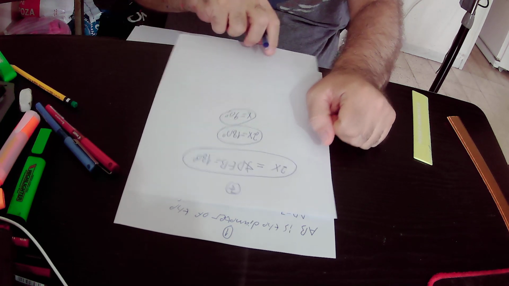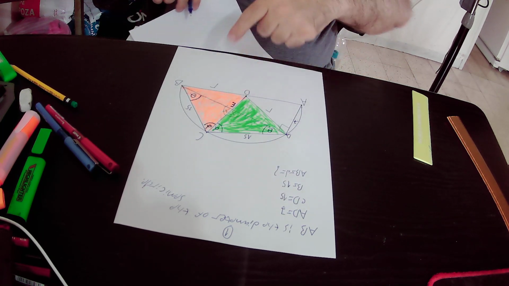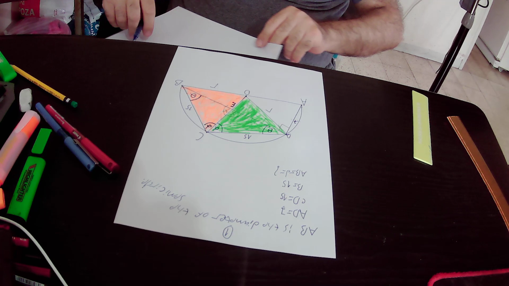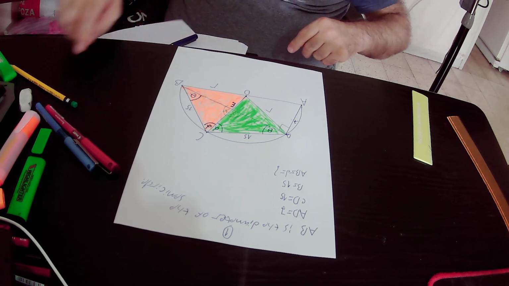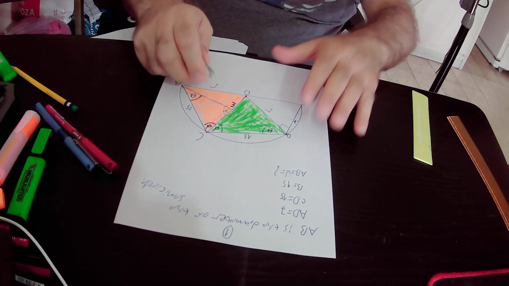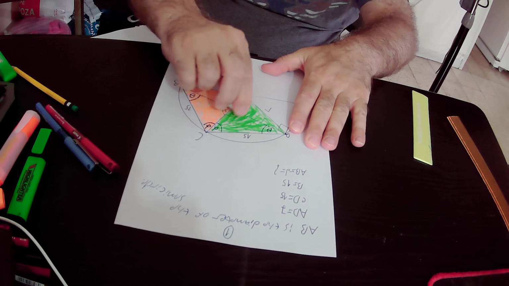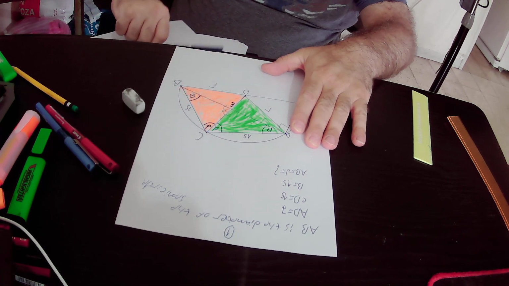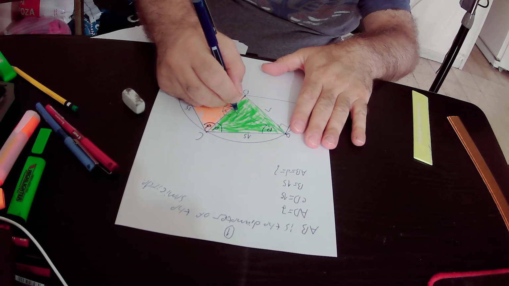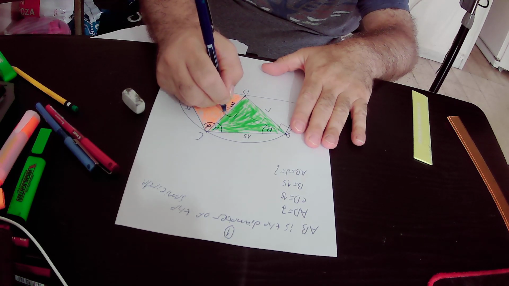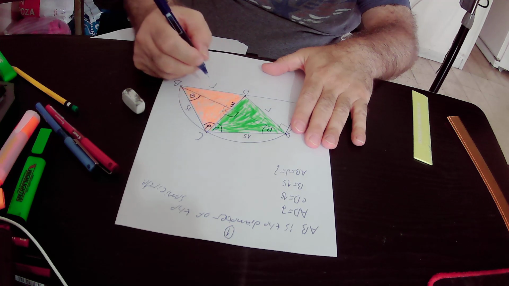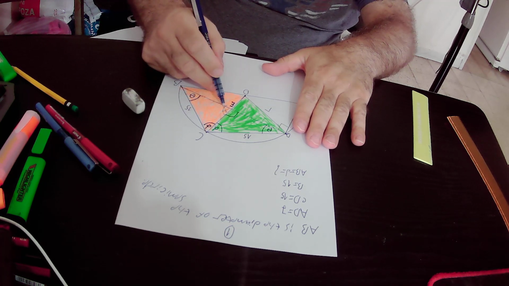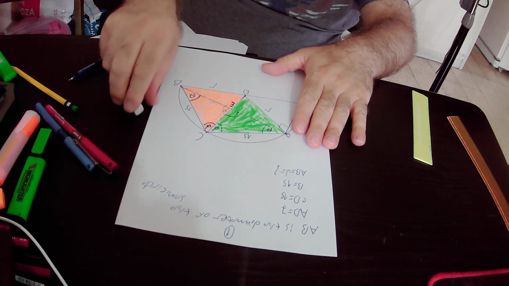Okay, so angle x equals 90 degrees, so we can substitute x by a right angle. So x is a right angle, and this angle x also equals 90 degrees.